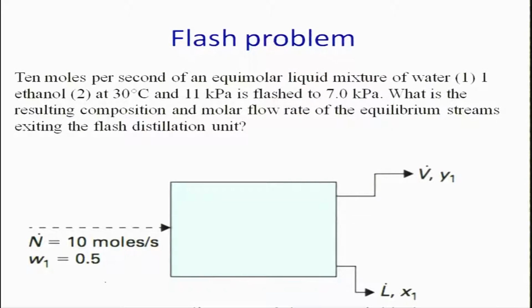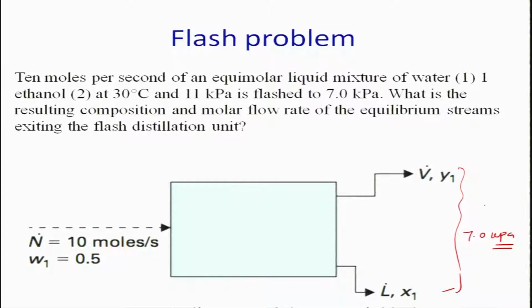10 moles per second of an equimolar liquid mixture of water and ethanol at 30 degrees Celsius and 11 kilopascal is flashed to 7.0 kilopascal. So, in other words, you have this situation at 7.0 kilopascal.